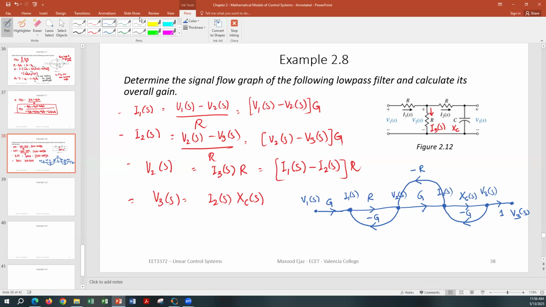So let me put L1, L2, and L3. These are our 3 loops. So we have 2 non-touching loops, L1 and L3, like in the last problem. And one forward path only.